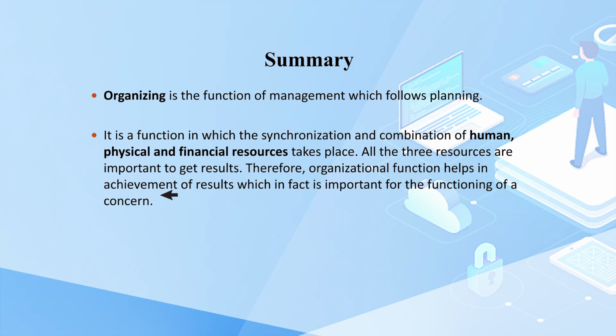All the three resources are important to get the results, because you have to think of human, physical, and financial resources. If any one of these is not there, we will not be able to achieve anything. So all the three resources are important to get any results. Therefore, the organizational function helps in achievement of results.